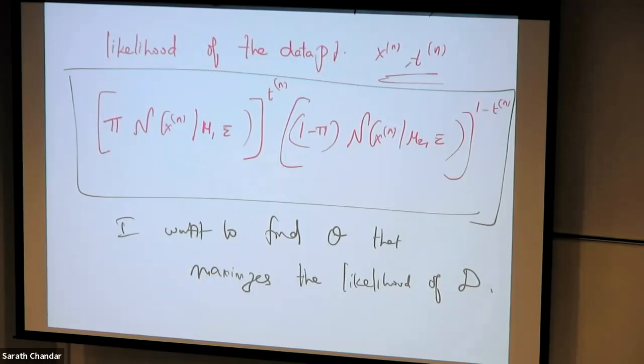So the hope is if you can find such a model, then it is going to assign good probability even for examples that you have not seen so far, right? If it is capturing the distribution, then it is going to act like a better classifier. Is that clear? Now, to construct the likelihood of the entire data set, we are going to make a crucial assumption here.